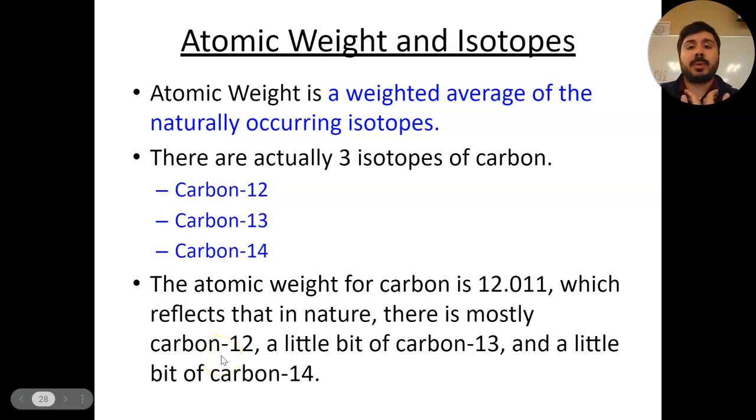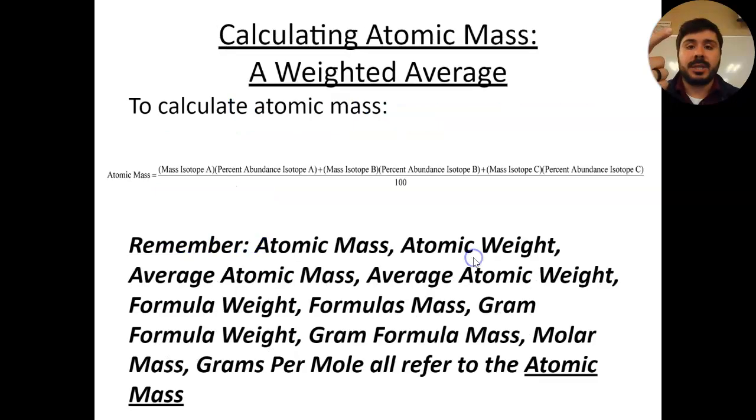We are made up of carbon-12. Every living organism on the planet is made up of carbon-12. There's only a little bit of carbon-13 on our planet, and an even smaller amount of carbon-14. So that's why we have to take into account the weighted average. There's so much carbon-12 on planet Earth that it outweighs 13 and 14.